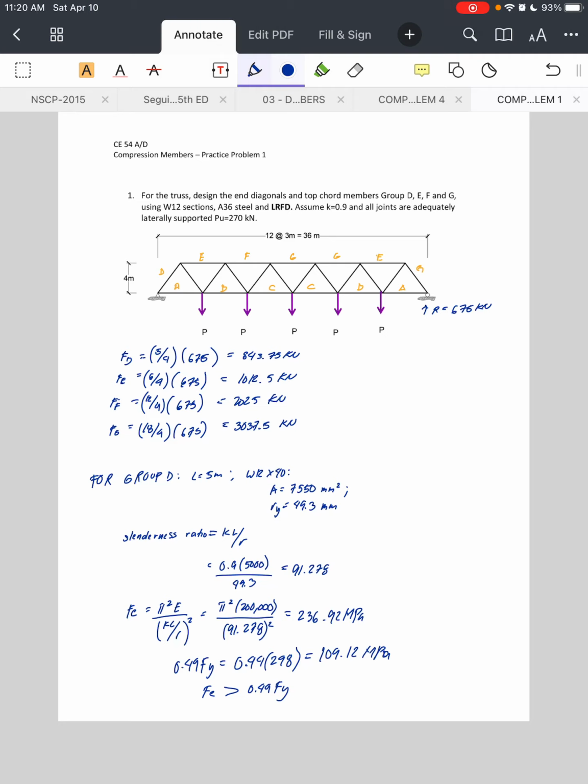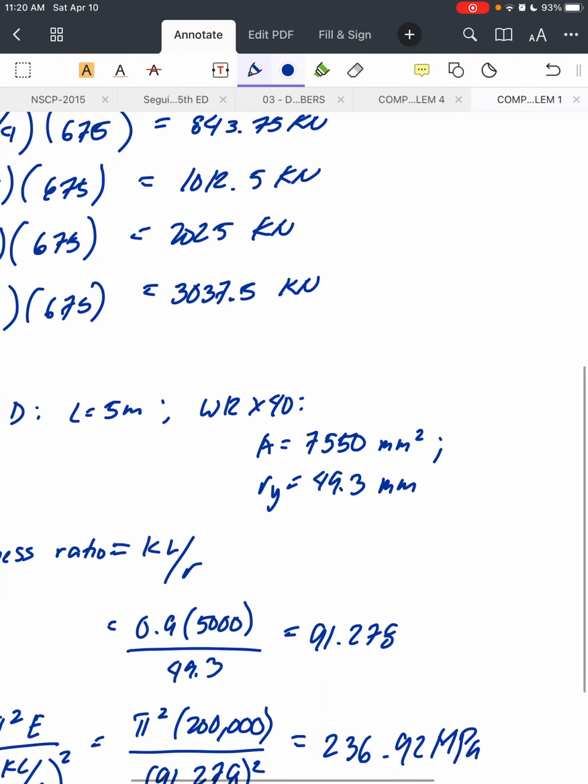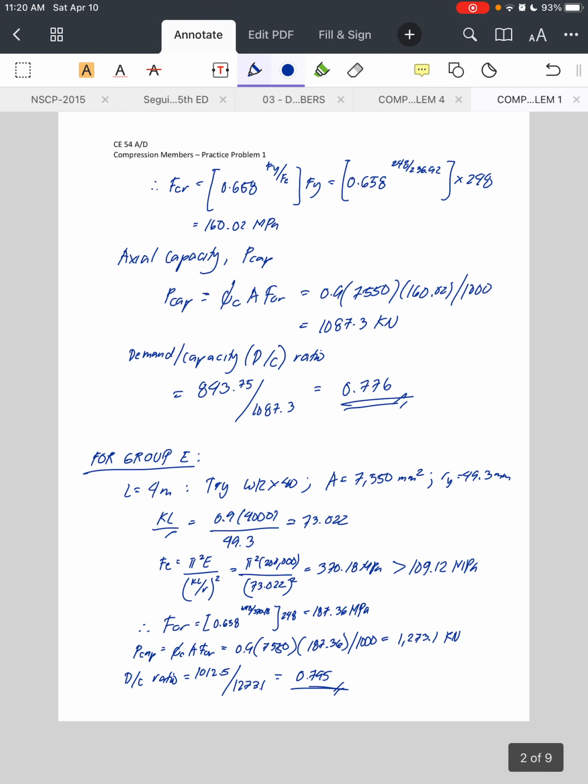Okay, so mapapansin nyo ang ginamit natin is ry, di ba? Lagi natin ginagamit ry. Bakit nga ba diniretso na natin to ry? Okay?